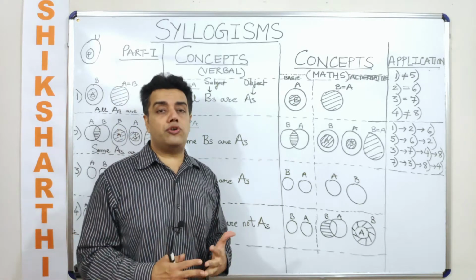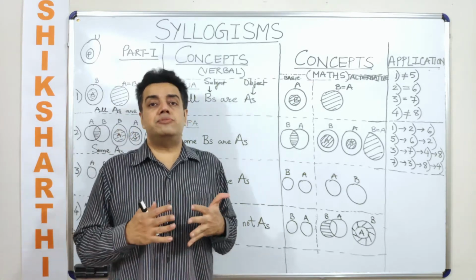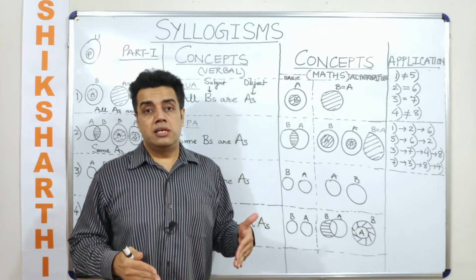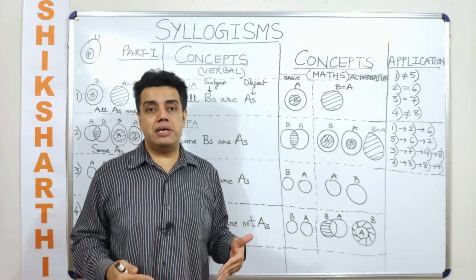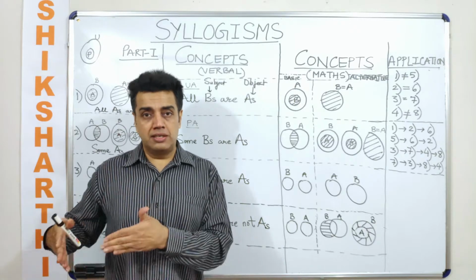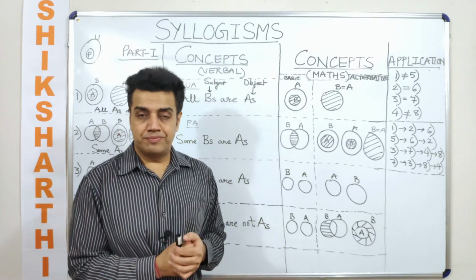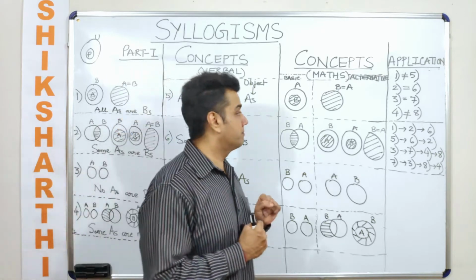But if I start drawing all the possible diagrams, it becomes very time consuming. And if I am writing any exam, I need to ensure that the time taken to do a question is gauged. I should keep a tab on time.